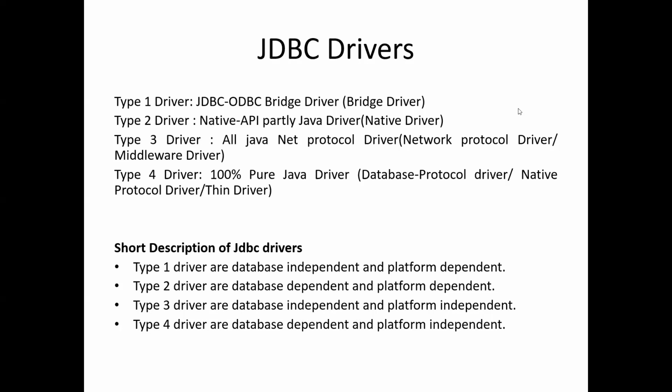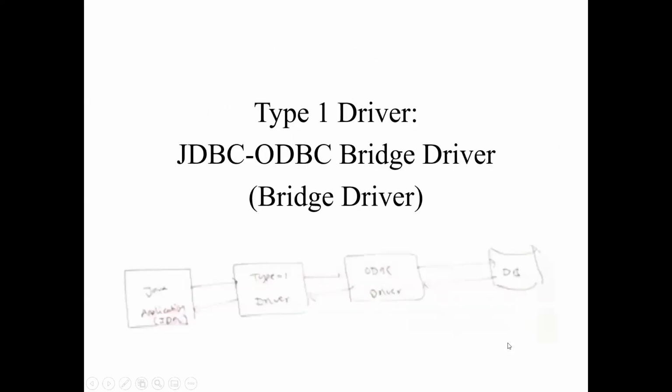But the only disadvantage is that we depend on the middleware, some middleware companies. That's why this is the type 3 driver. The disadvantage is that we completely depend on the middleware companies. Finally, the type 4 driver: the main advantage of the type 4 driver is that it is a 100% pure Java driver. So these are the differences between type 1, type 2, type 3, type 4.